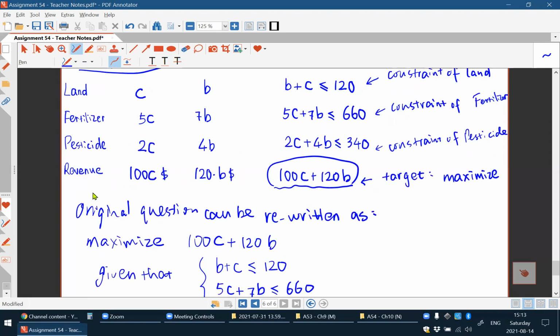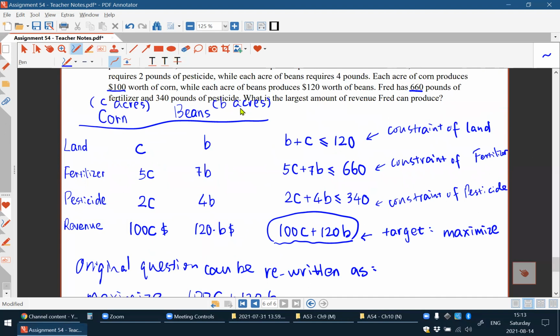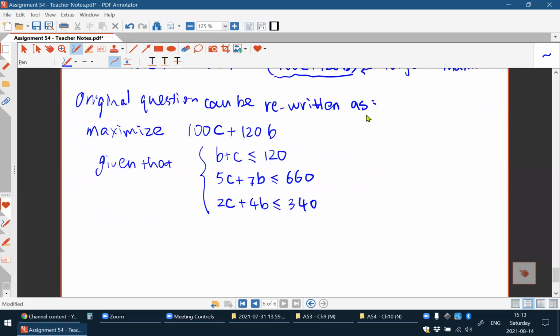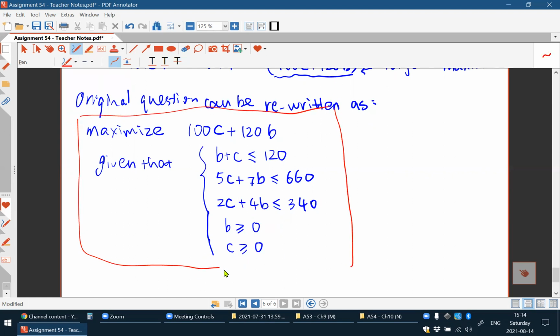And remember that B stands for B acres and C stands for C acres. These two quantities must not be negative, so of course B must be non-negative and C is also non-negative. So this is actually the mathematical form of this problem, right?